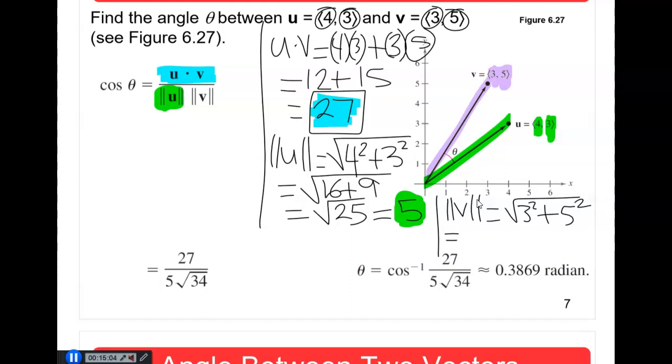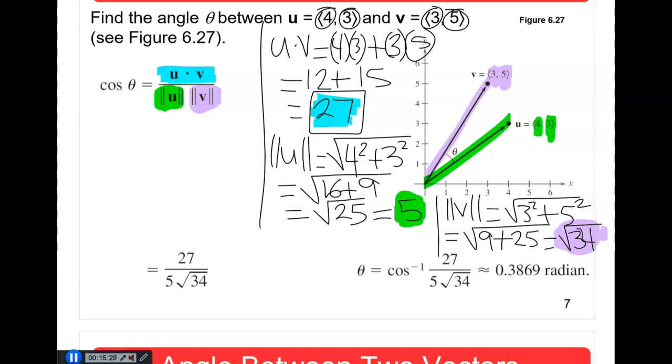So from here, we're going to have the square root of 9 plus 25, and that will give me the square root of 34. And that result is what we're going to replace the magnitude of vector v with.